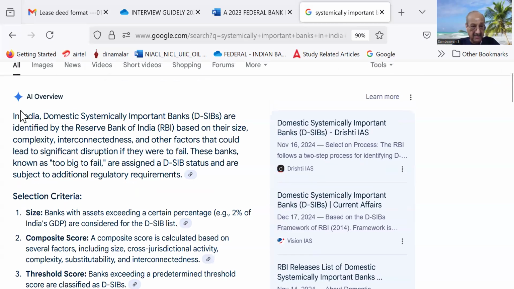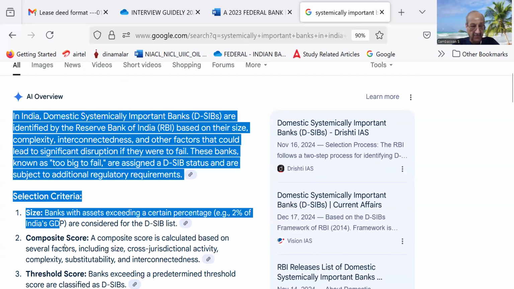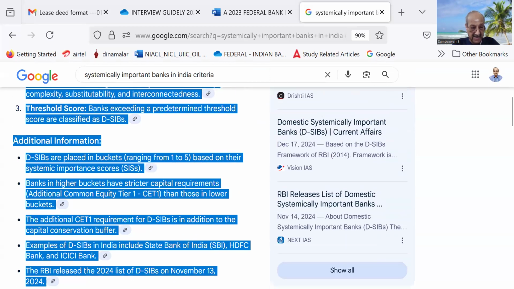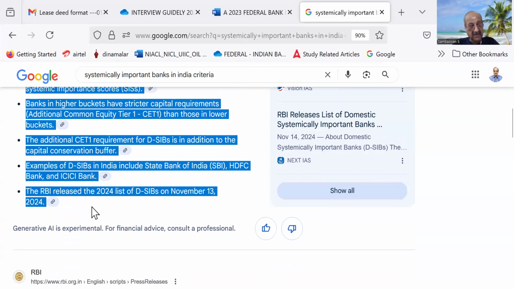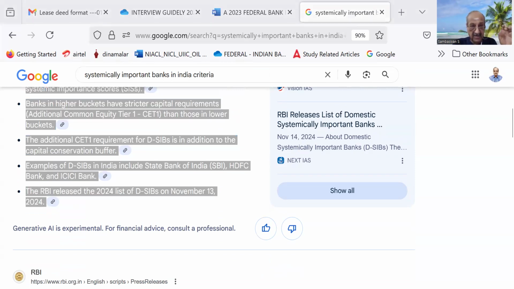So, as on date, this is the list of banks that are called DSIBs. In fact, once the name of Axis Bank was also there, but now it has been removed from that list.